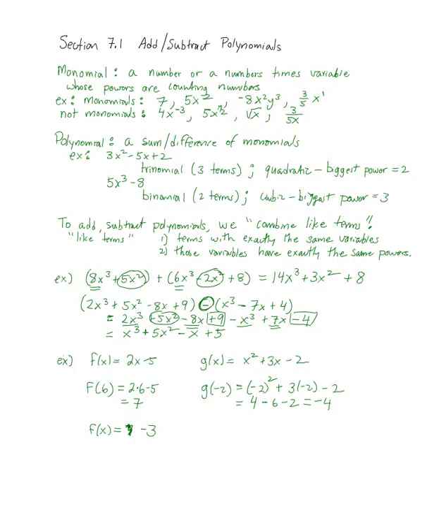What x number does that come from? So, in reality, what I'm really asking you to do is, instead of writing f of x, write -3. So you would have -3 equals 2x minus 5, and you'd have to solve that equation. Add 5 to both sides. 2x equals 2. Divide, x is 1.